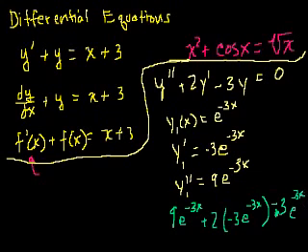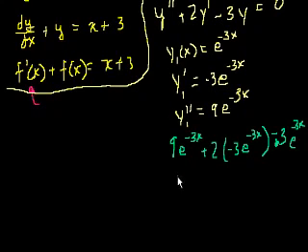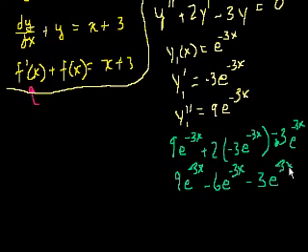That gives 9e to the minus 3x minus 6e to the minus 3x minus 3e to the minus 3x. We have 9 of something minus 6 of something minus 3 of something, so that just equals 0. It doesn't matter, 0 of whatever. So that equals 0.